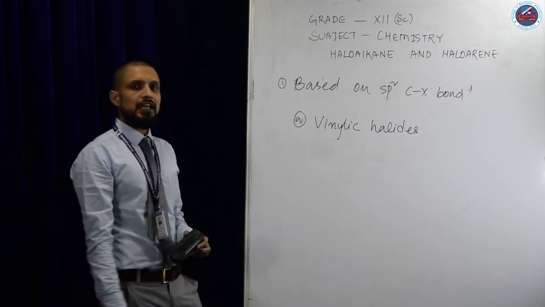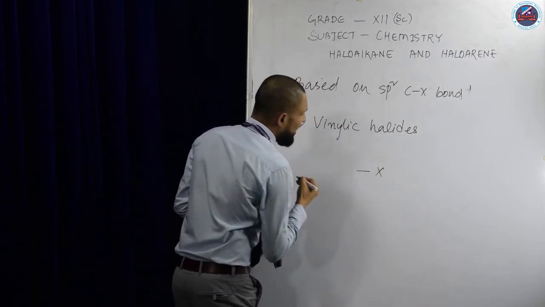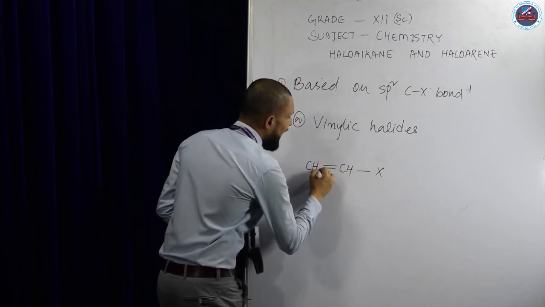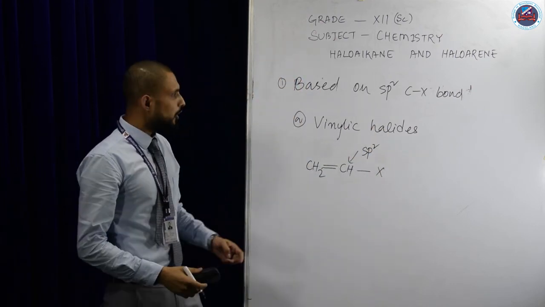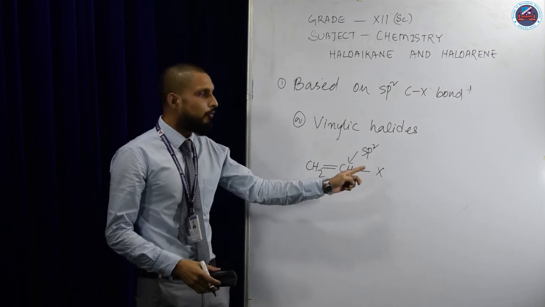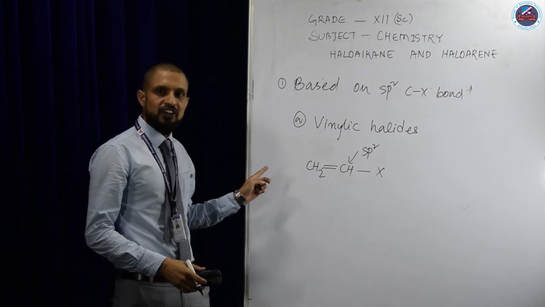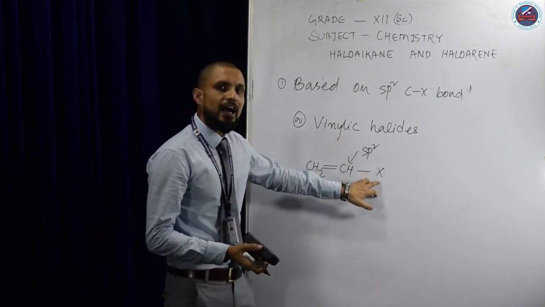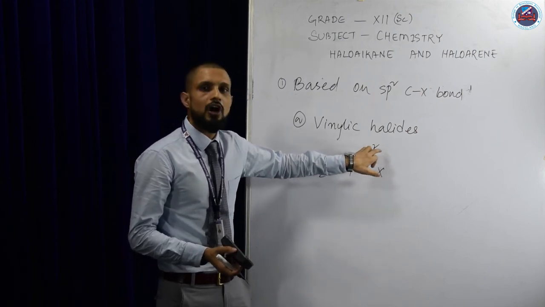So in vinylic halide, the halogen atom will be directly attached to a carbon which uses sp2 hybridization. So you can see the difference. Earlier we studied allylic. In allylic, the halogen atom will be attached to an sp3 carbon and the sp3 carbon will be followed by sp2. Whereas in vinylic, the halogen atom will be directly attached to a carbon which uses sp2 hybridization.